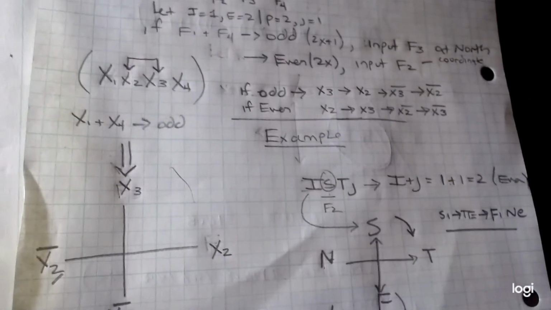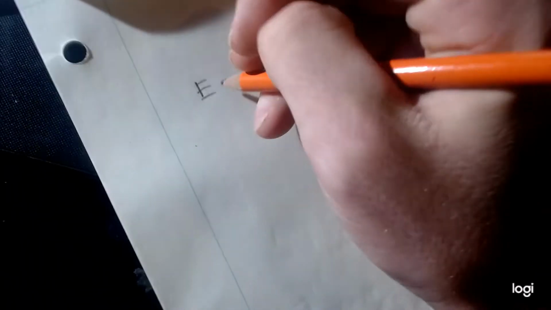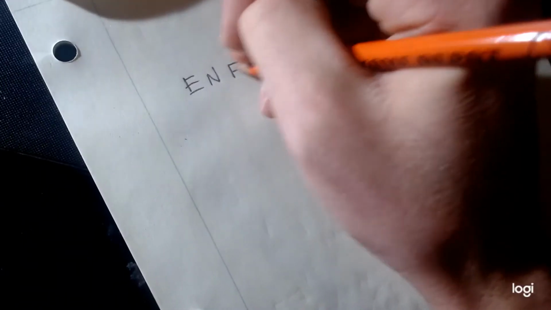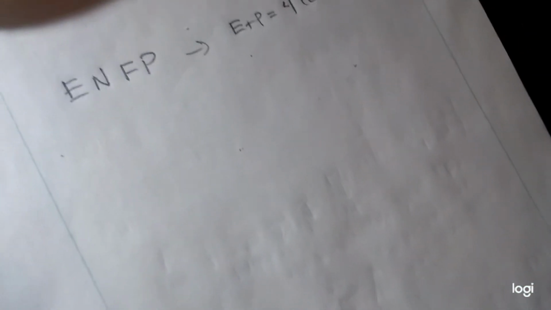You basically, for instance, I'm going to do a random one. Let's suppose you want to do, let's say you want to do E, N, F, P. So right here, you know that E plus P equals, we have 2 plus 2, it's 4, so that's even. So based on the even function, you're inputting F2.